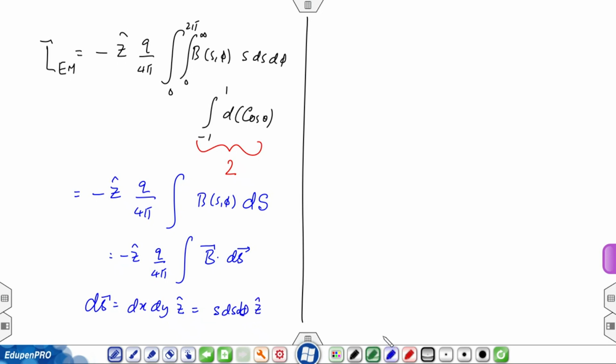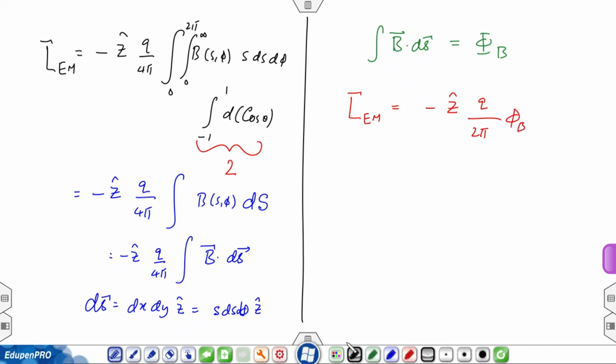And this is nothing but the flux. So, I get L E m equals minus z q over 2 pi times phi B.